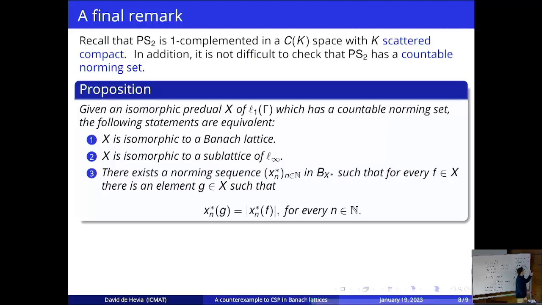And this is an equivalence of several statements. When we have an isomorphic dual of little l1 which has a countable norming set, to be isomorphic to a Banach lattice is equivalent to being isomorphic to a sublattice of L infinity.